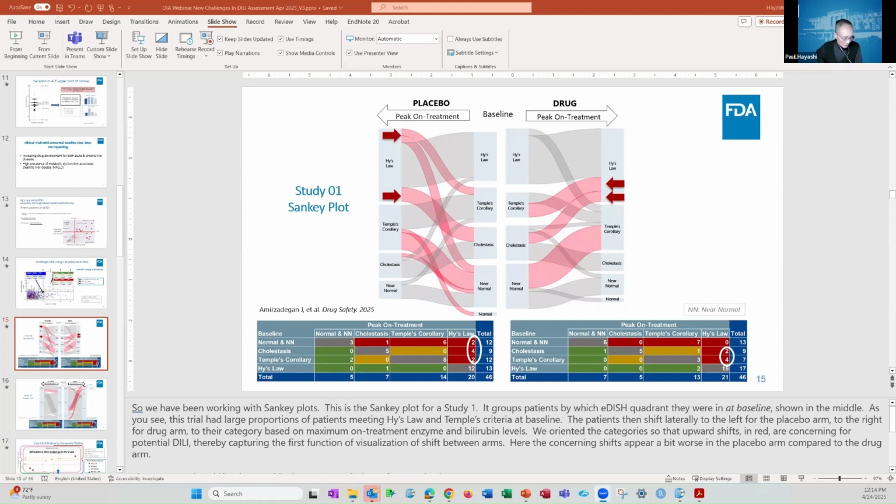No, we would just say, yeah, we see that all the time, and that's what we call adaptation. How much do cases and Temple score contribute to this? It contributes, but as long as there are no Hy's law cases and they are getting better, it's not going to be a huge showstopper. It'll probably come up in labeling. I hope that answered that question.